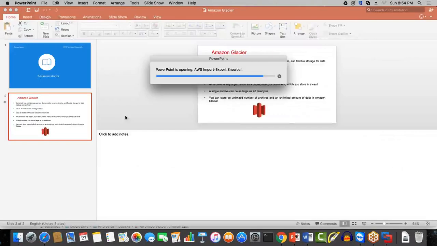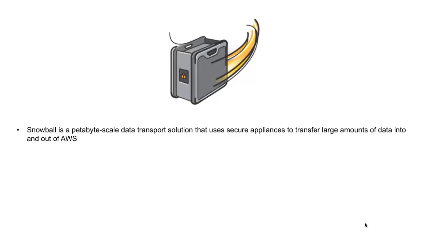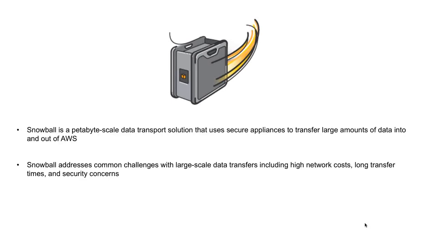AWS Import Export Snowball. Snowball is a petabyte scale data transport solution that uses secure appliances to transfer large amounts of data in and out of AWS. You can say it's a data transport solution if you want to transfer large amounts of data in and out of your Amazon Web Services cloud.